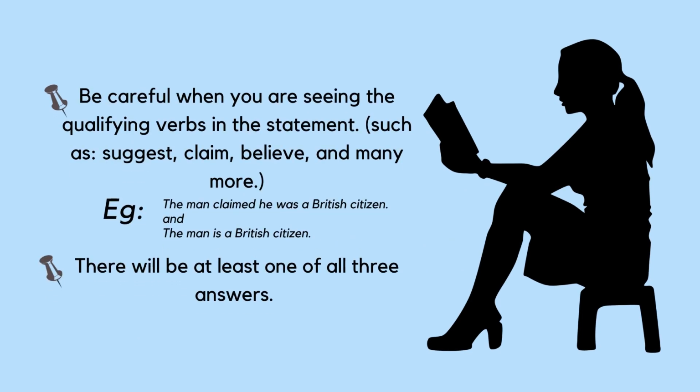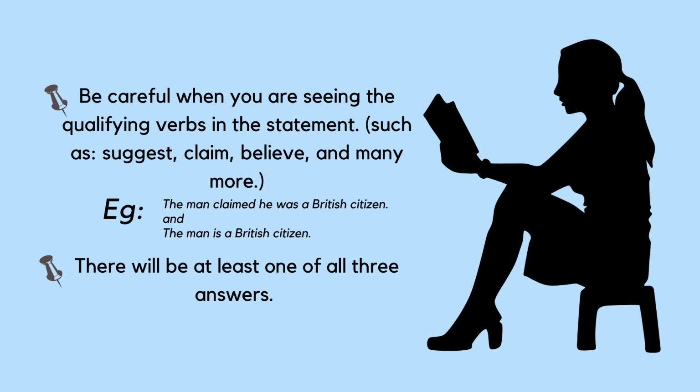All the students must be careful when you see the verbs that qualify the statements such as suggest, claim, believe, and know. Take for example, "the man claimed he was a British citizen" and "the man is a British citizen."